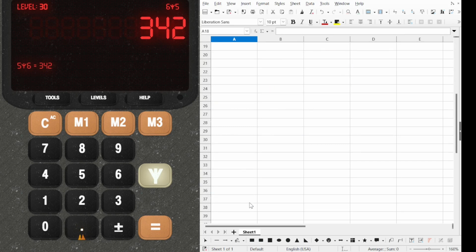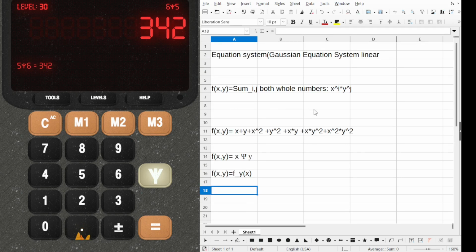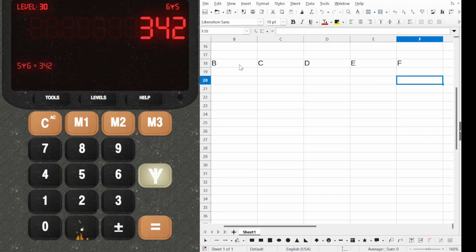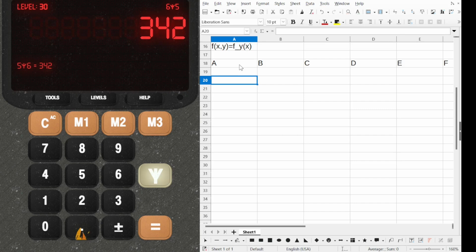And for that I'm going to be doing a linear equation system. For now, A, B, C, D, E. I'm going to go for 5th degree, and F is then the actual, you will see what I'm talking about, hopefully.